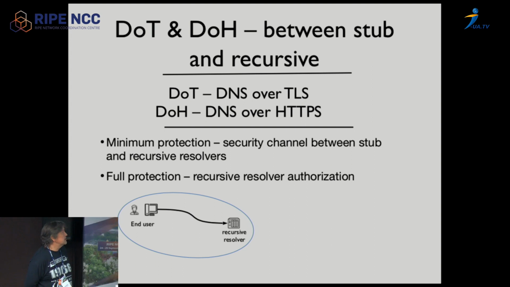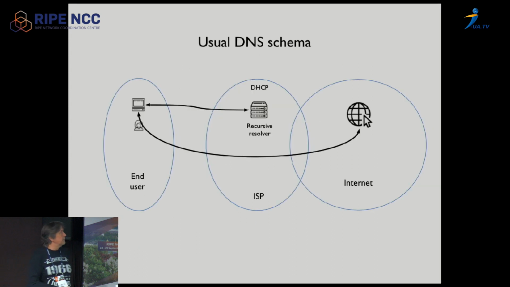Just like with any SSL layer, the minimal protection is a safe channel between the end user and the recursive resolver. But if it is an enterprise network, we need to increase the protection by checking the certificate of the recursive resolver. So not only is the channel protected, but we are also making sure we are asking the right entity.